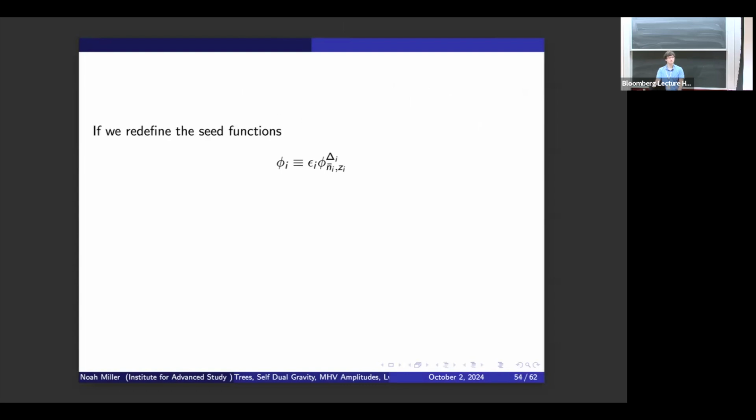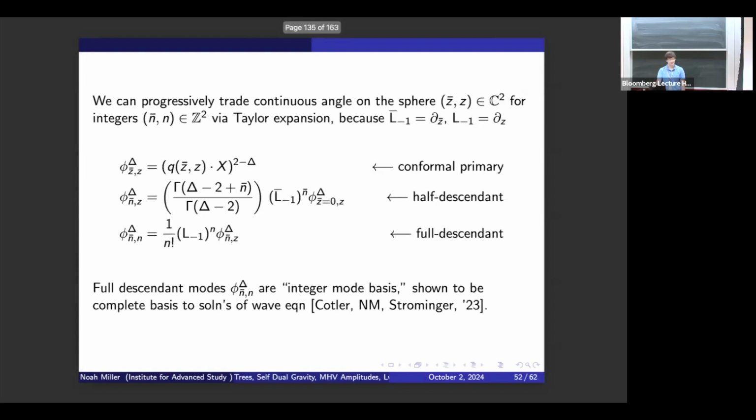Could you remind us what the half descendant is? Yeah, you take this conformal primary wave function, which is parameterized by two angles on the sphere, z and z bar. You take descendants just for this, so you trade the z bar for an integer n bar.